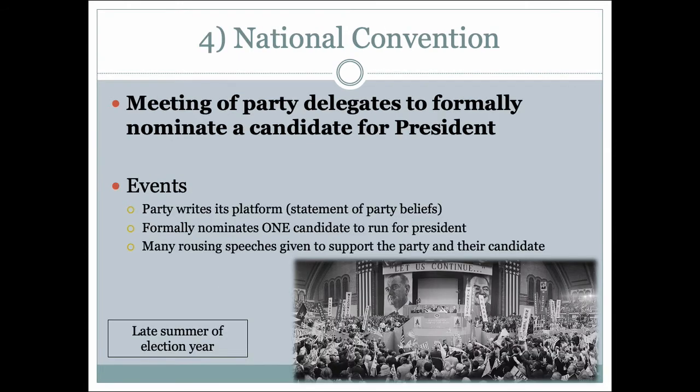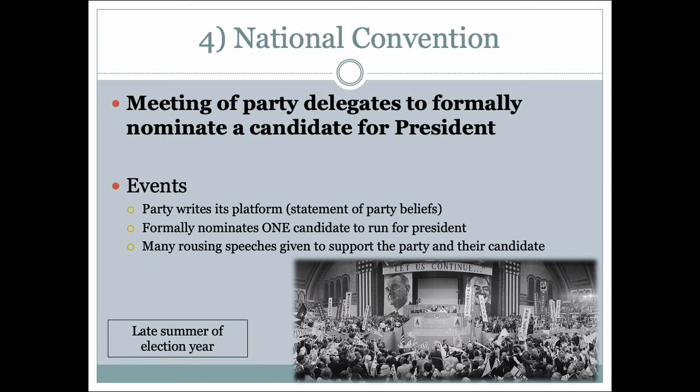Now, in the late summer of the election year, a couple months before the actual presidential election, each party is going to have a national convention. This is a meeting of the party delegates to formally nominate a candidate for president for their party. After all of the primary elections or the primary caucuses have gone, parties can figure out, hey, the will of the Democrats is to have this person be our candidate.